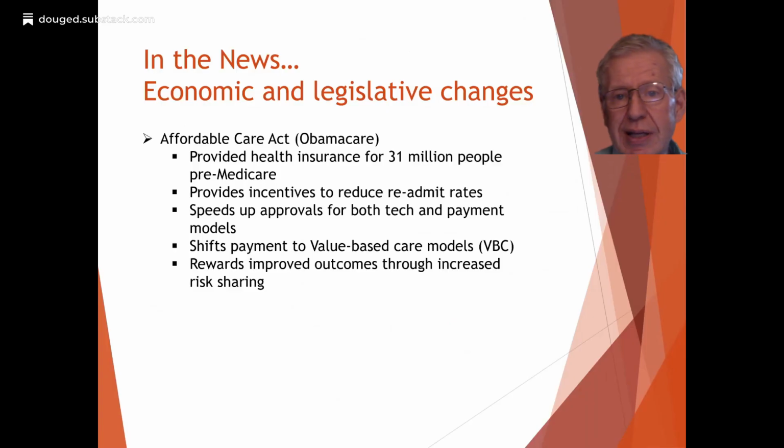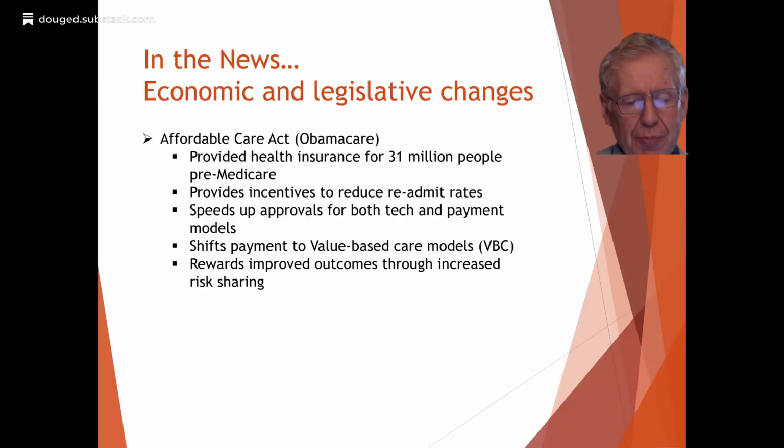Well, the economic and legislative changes, the legislative change, the big one is, of course, the Affordable Care Act, also known as Obamacare, provided health insurance for 31 million people who previously did not have insurance. The evidence shows that having insurance lowers in the long run total cost of health care. It provided incentives to reduce the readmittance rate, and we'll certainly be looking at that.